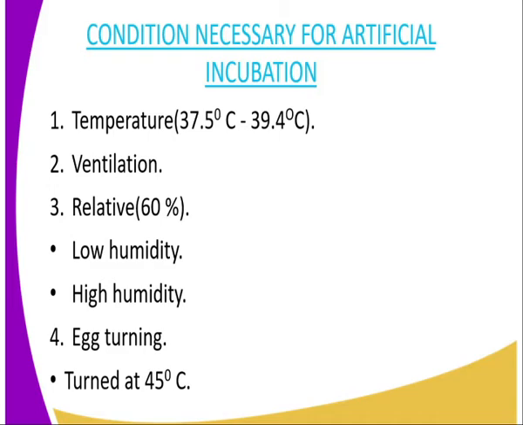Then number 3, relative humidity of 60% is also required, because low humidity will result in a low level of hatchability, and high humidity will also affect the process of hatching out.